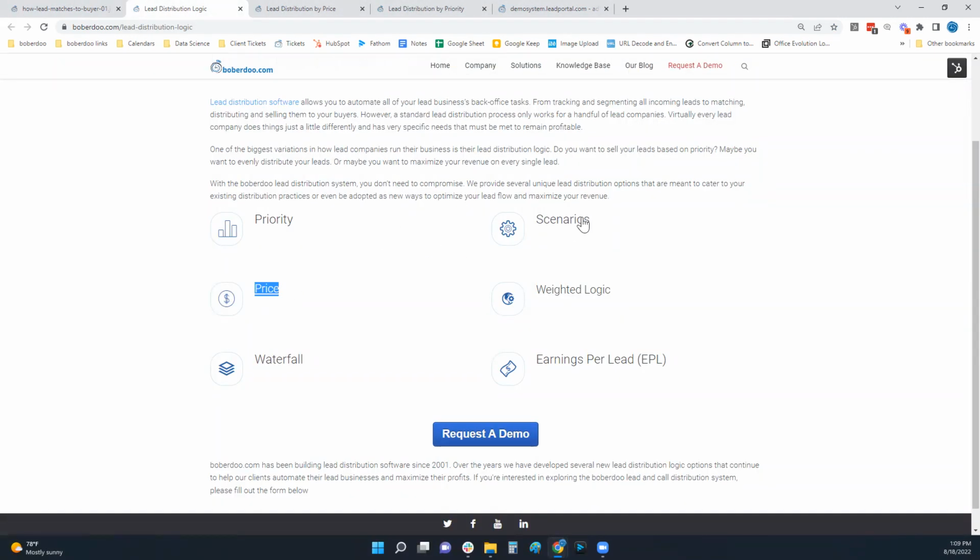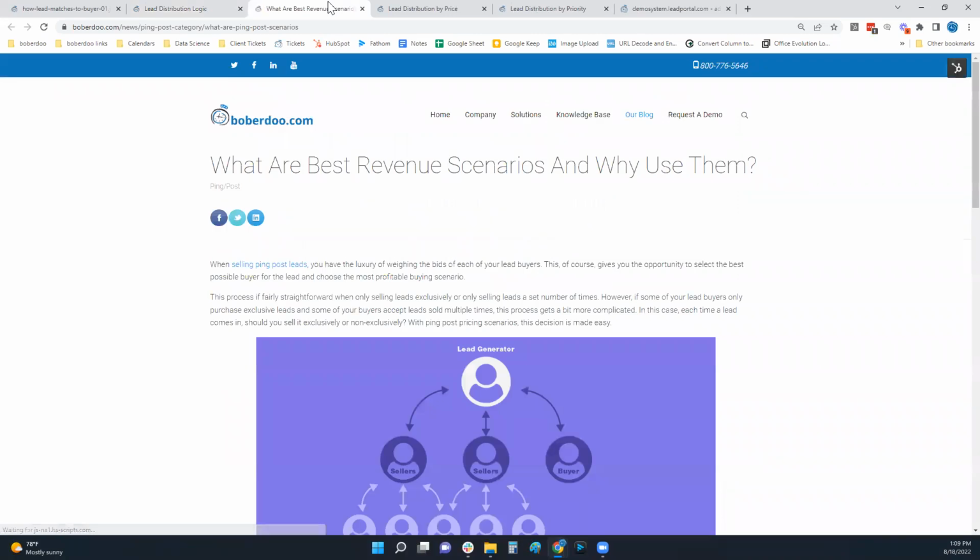The next we have is best revenue scenarios. This has been the default logic for new lead types that are added for quite some time now. The idea here is to maximize the revenue of that incoming ping or lead post.